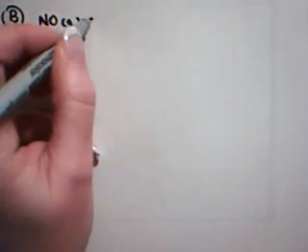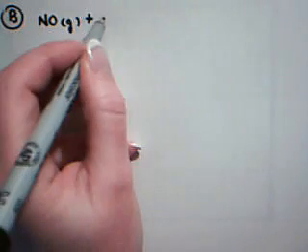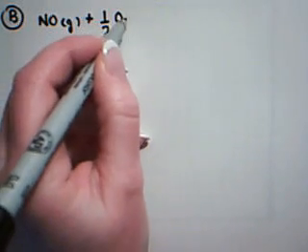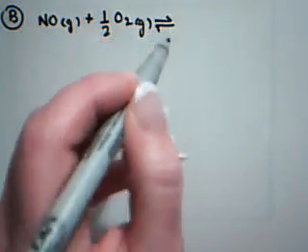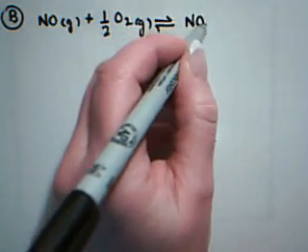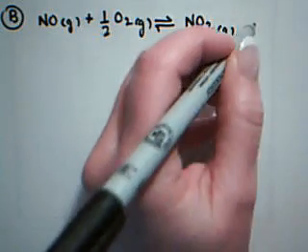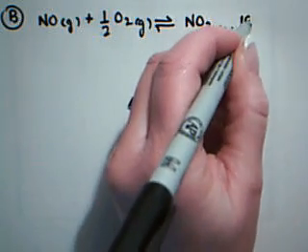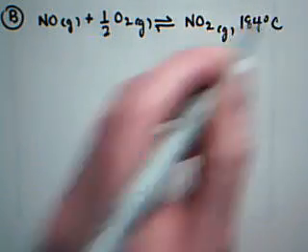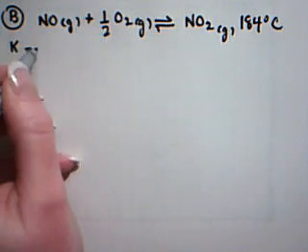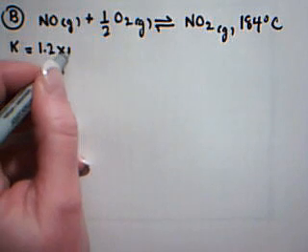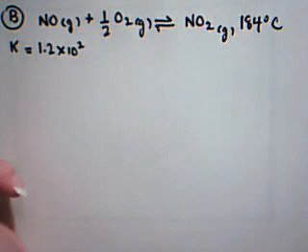Nitrogen monoxide gas plus 1/2 O2 forms an equilibrium with nitrogen dioxide gas, and this occurs at 184 degrees Celsius. And again, we're given the K value for this reaction as 1.2 times 10 squared, or simply 120.